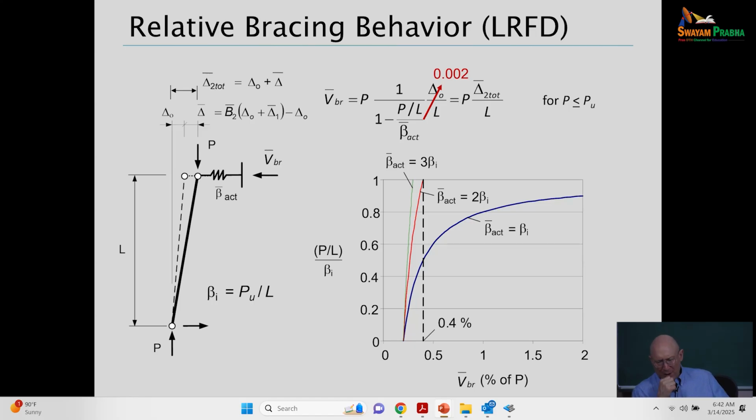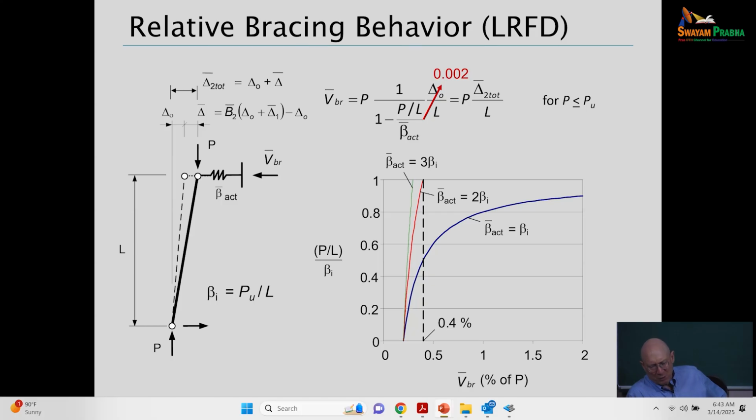The plot here then shows what we get if beta bar actual is 2 times beta I. In this case, as we increase P, it's a nonlinear response, but we end up in the end at 0.4% of P as the bracing strength requirement.